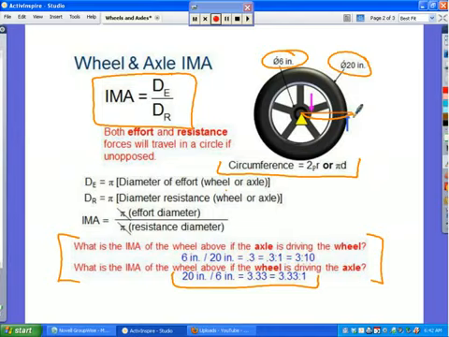You get less force out than what you're putting in, so it requires a lot of force to turn that axle. That's what this 0.3, or 3/10, is. So I'm getting 3 inches out for every 10 inches of spin that I'm putting in, what we would consider the diameter.